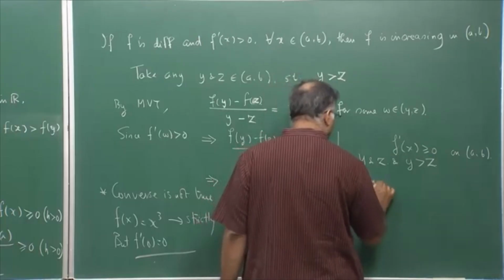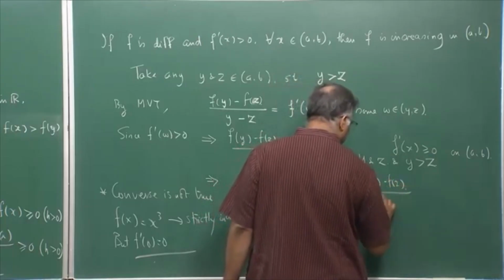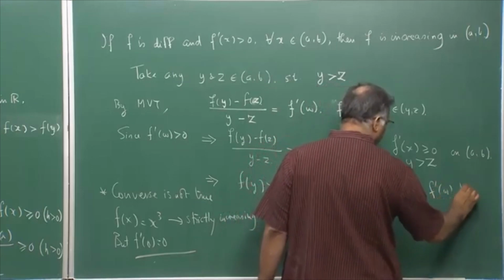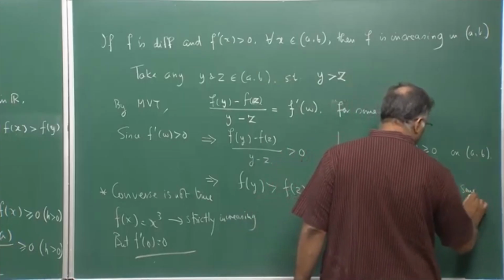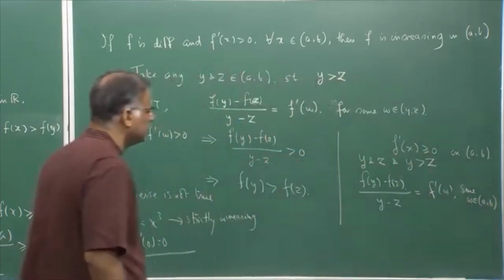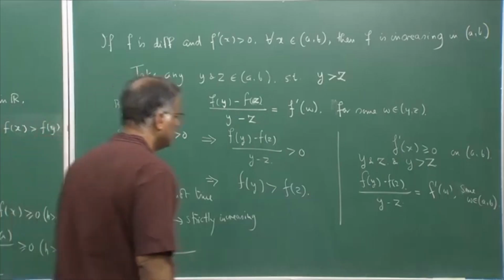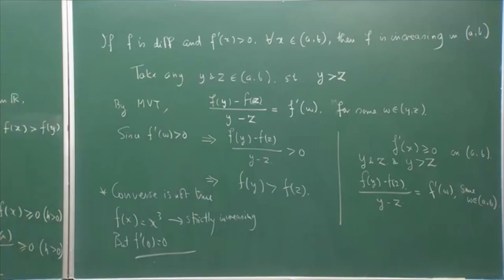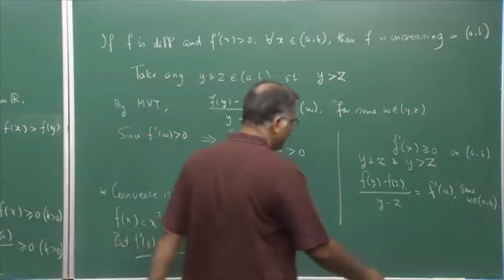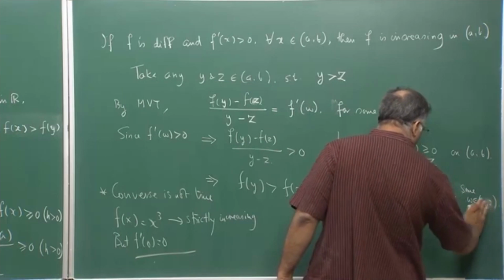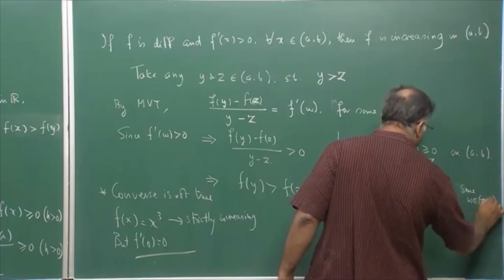Then again apply the mean value theorem: f dash w for some w in z y.